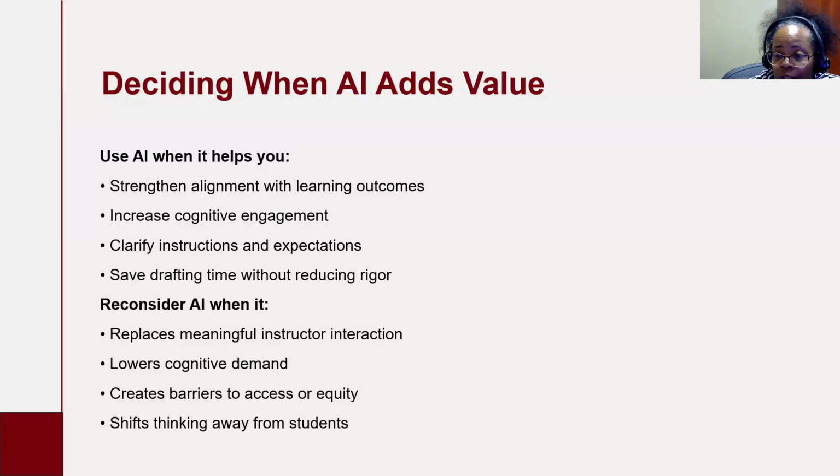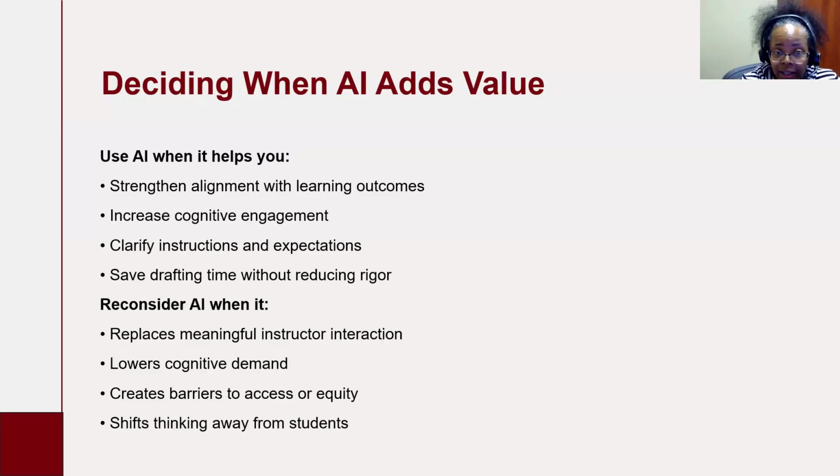It adds value when it increases cognitive engagement, not just having students simply recall information, but from recall to evaluation. It adds value when it clarifies instructions and expectations. And it also adds value when it saves time drafting without reducing rigor.